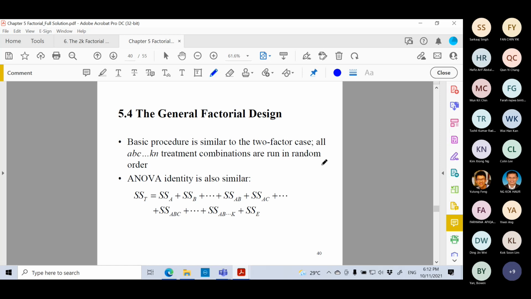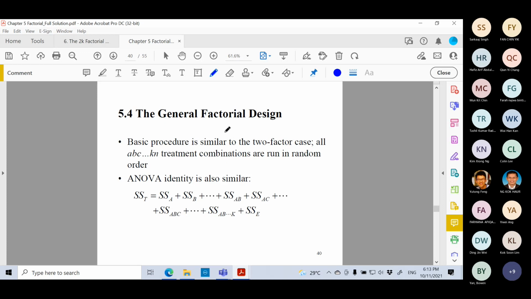So you have many components of interaction. Especially when you have 4 factors onward, the interaction effects have many components, and then interpreting the results will be very difficult.